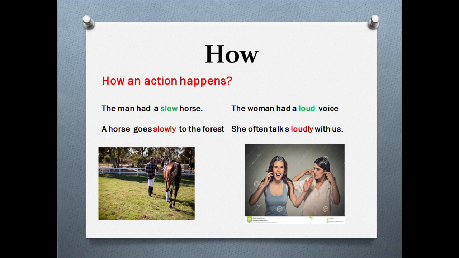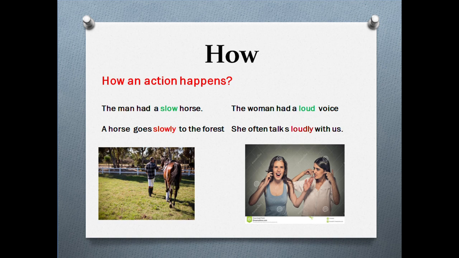Horse is noun. So after adjective gets noun. Okay. Next sentence. A horse goes slowly to the forest. So slowly is adverb. Before adverb there is verb.